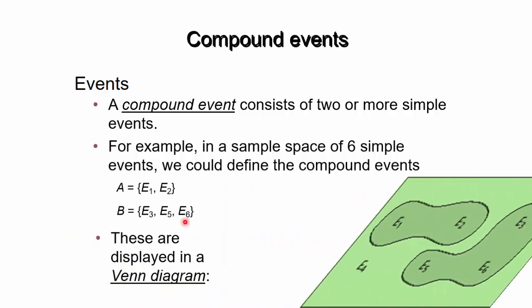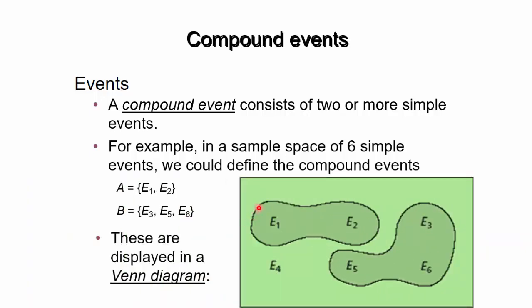Now displayed in a Venn diagram, this is set A, E1, E2. This is set B, E3, 5, 6, and E4.